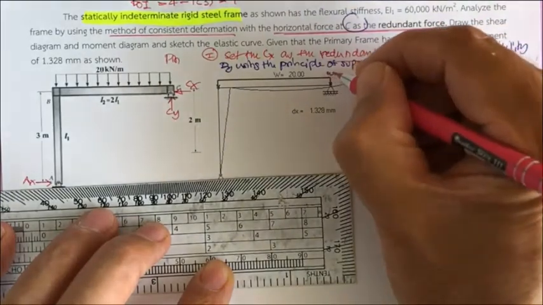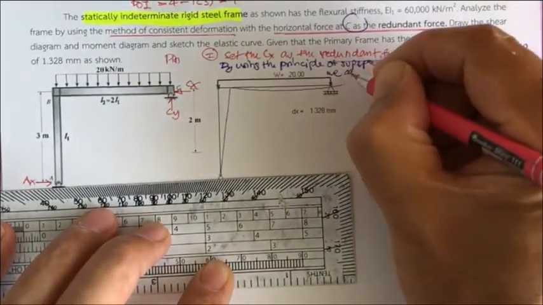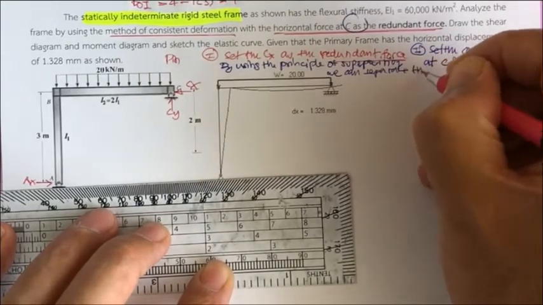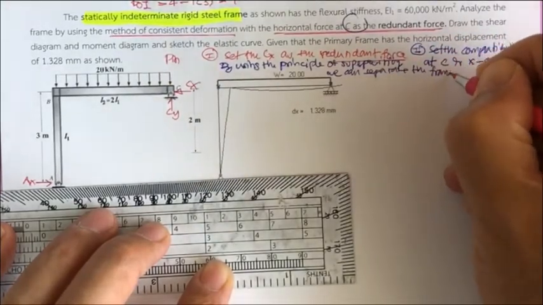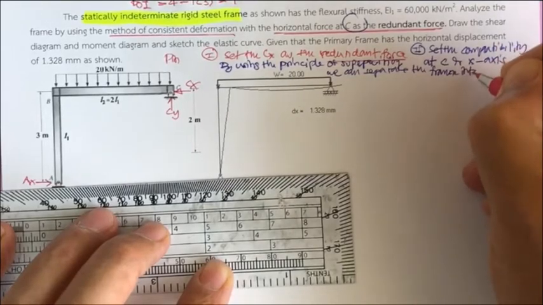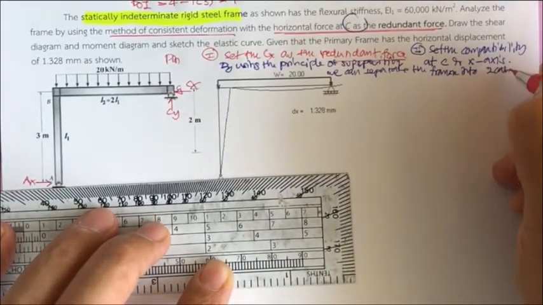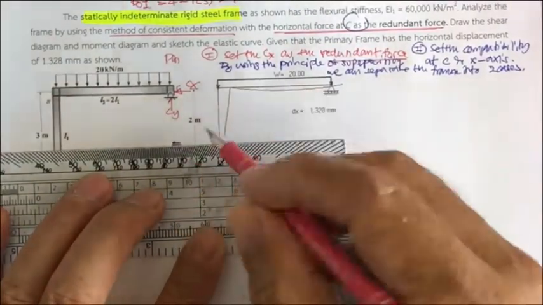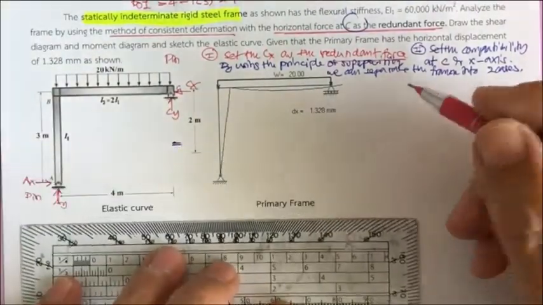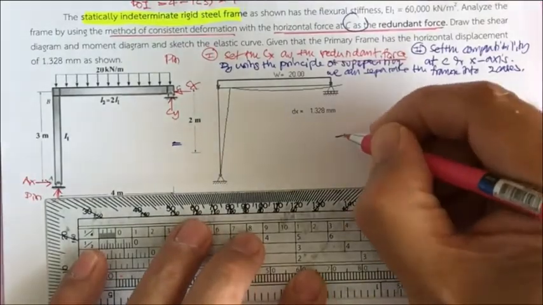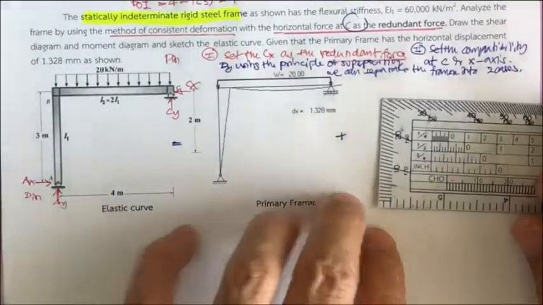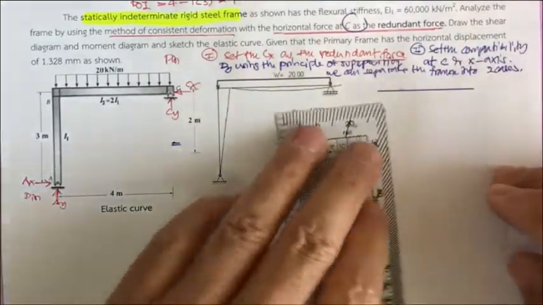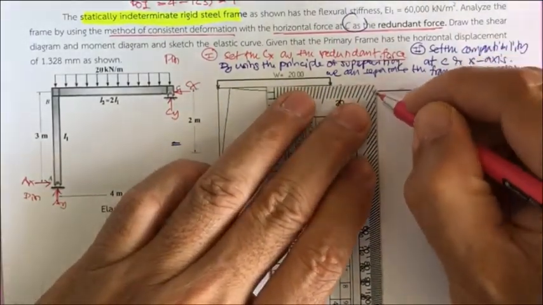Okay, and then we can separate the frame into two cases. If we set C sub y as redundant, this one is going to be the primary frame, and then we're going to add this one, the one that is subjected to what?